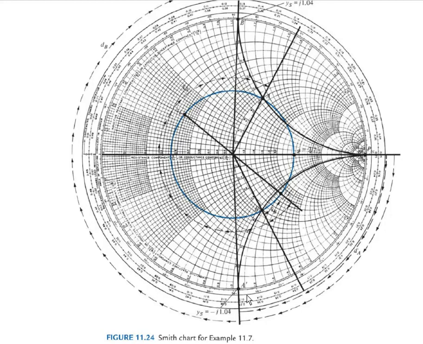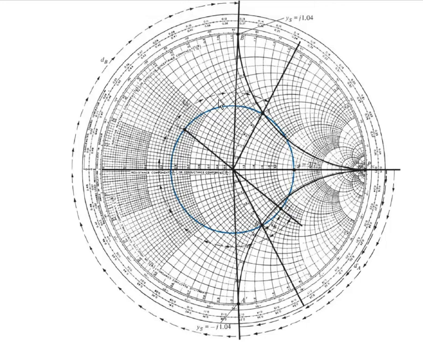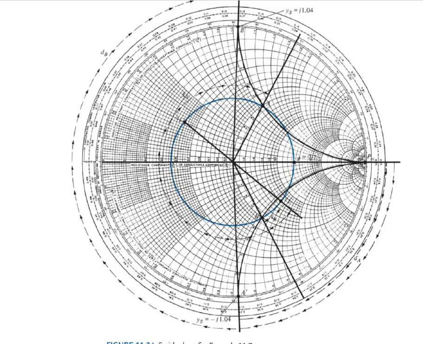So this way we can measure. You can follow the clockwise direction, because everything we measured was in the clockwise direction, so there is no need for any confusion. So that's the stub length and stub distance design. This way we can design a single stub using the Smith chart.